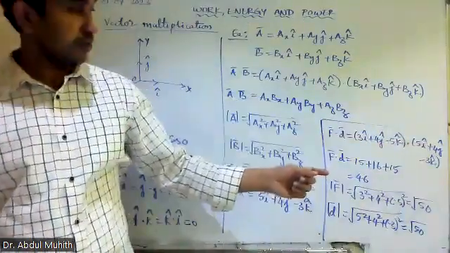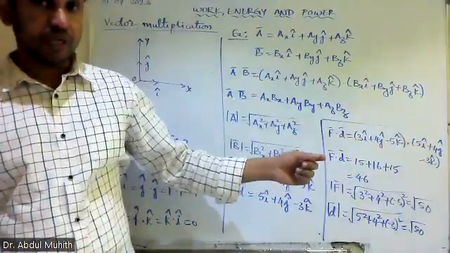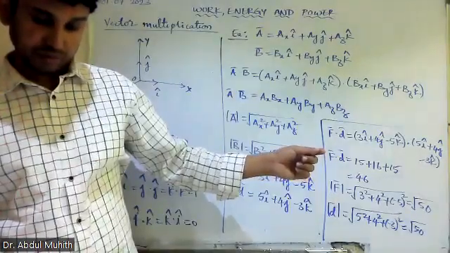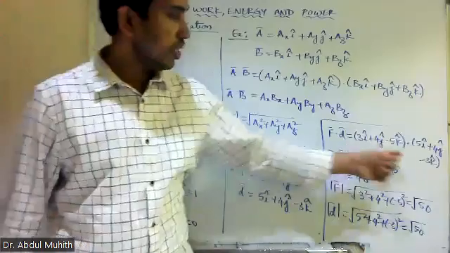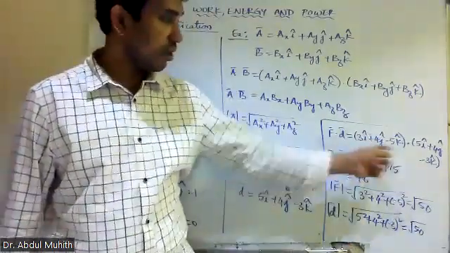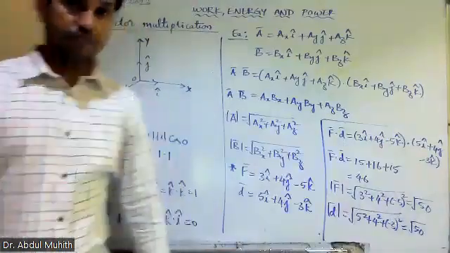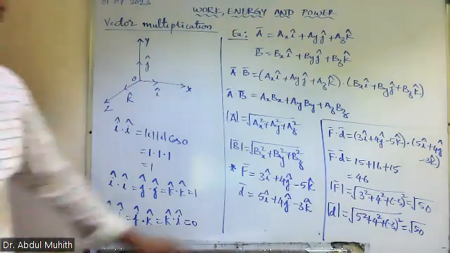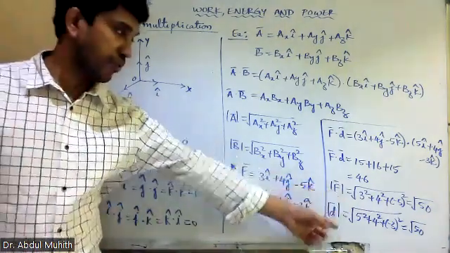Got it? Is it clear, girls? Yes, sir. Now 3 into 3 is 9. Again, I dot K is equal to 0. Okay, got it? So we are finding modulus of F and modulus of D.